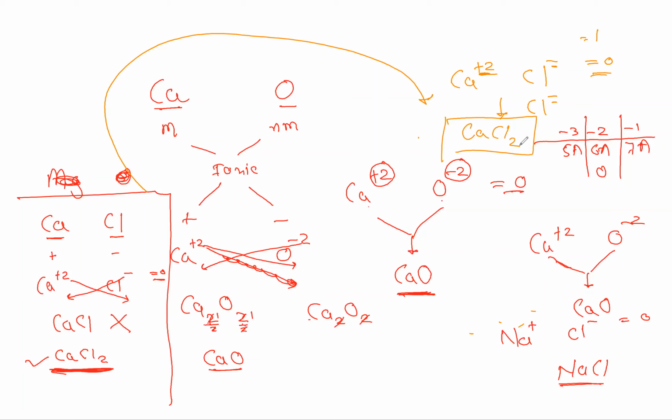Do you follow me? So either you can do the zigzag cross multiplication to get the correct subscript, or you can simply try this method out and find out yourself.